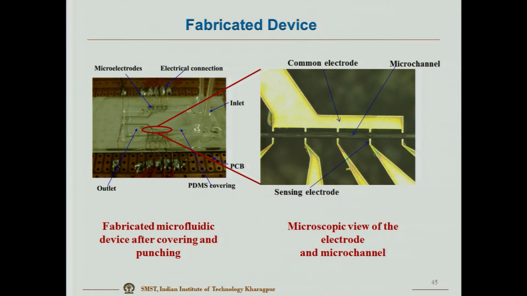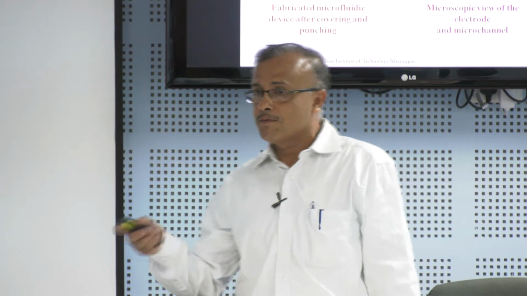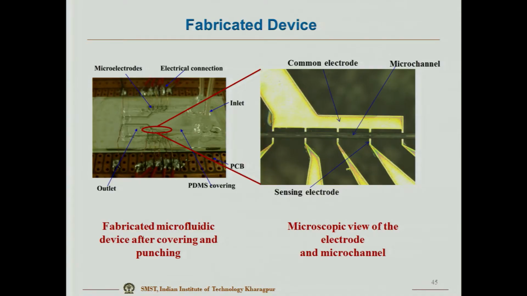Okay. A series of electrodes we have taken because sometimes a bubble may pass through also. For a bubble also there will be a shift in the signal. So, how do you say whether it is a bubble or a cell? For that you have to analyze and have a different series of electrodes to confirm whether it is a bubble or something different. Okay.